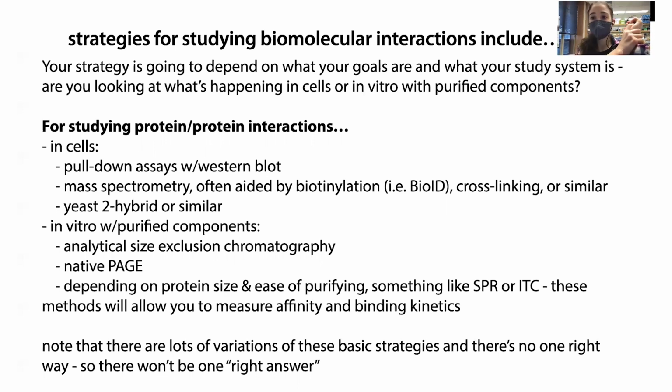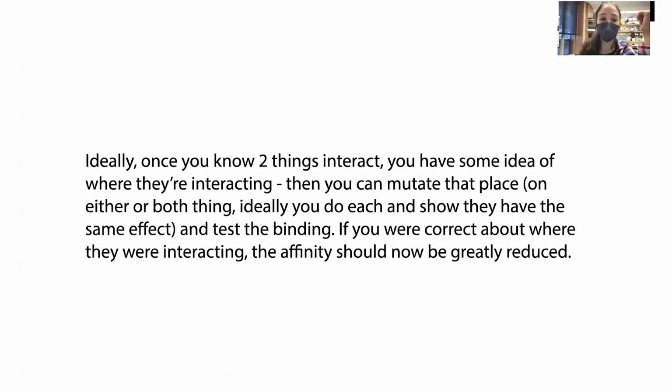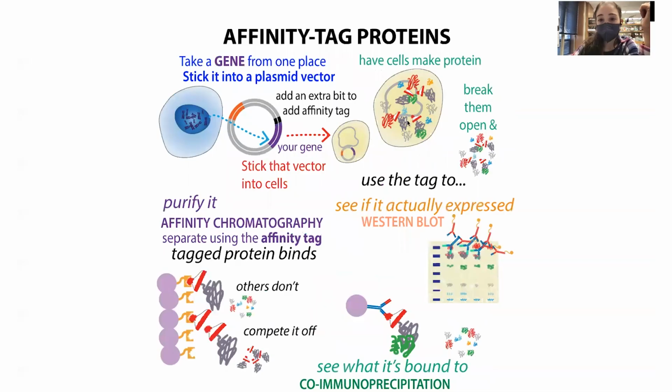You can also cross-link things. Typically with the cross-linking, if the two molecules are close enough together, hopefully directly interacting, then they can get cross-linked together. You can isolate those products and identify them. And so these would be mass spec based results.